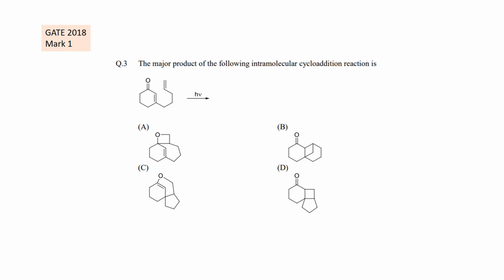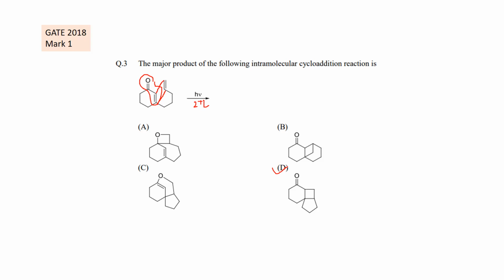Here there is an alpha beta unsaturated alkene, so it can easily take part in the cycloaddition reaction. So this will combine with this through a 2+2 cycloaddition reaction, giving us this as our product.